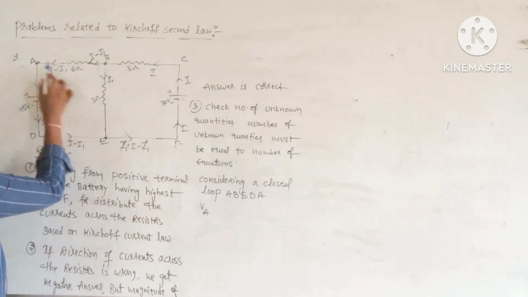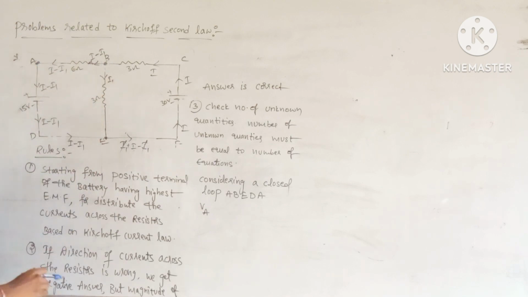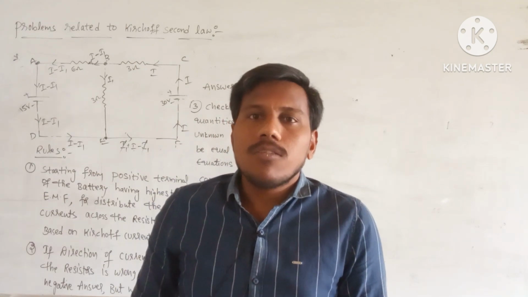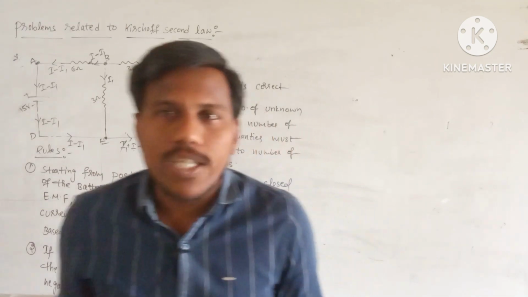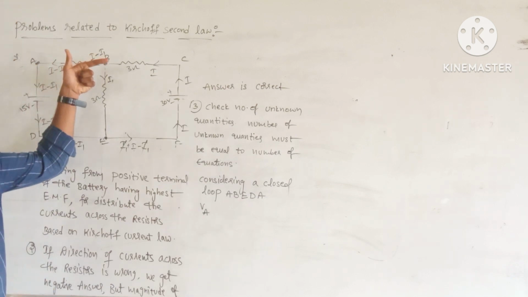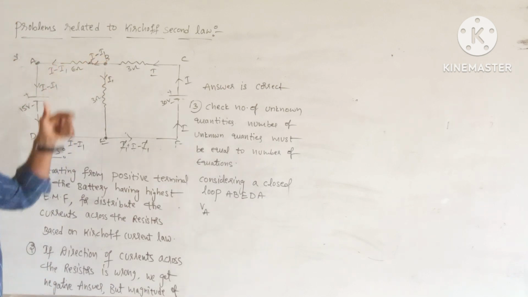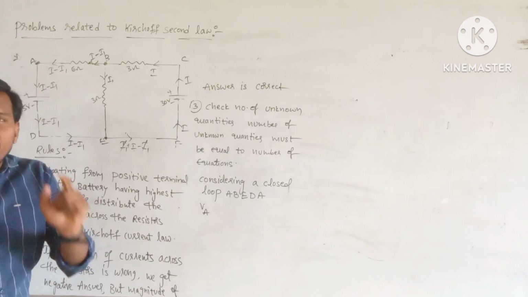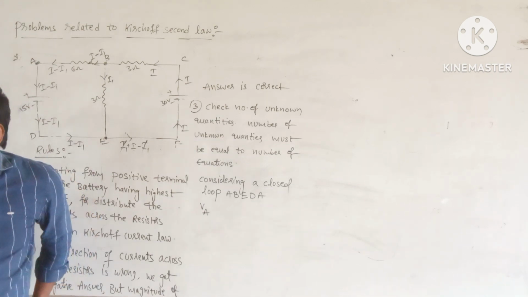Now in the given path we move like this. So what is the formula for potential difference across the resistor? According to Ohm's law, V is equal to IR. So we move against the direction of electric current. So what sign are we taking for the potential difference across the resistor? Positive.